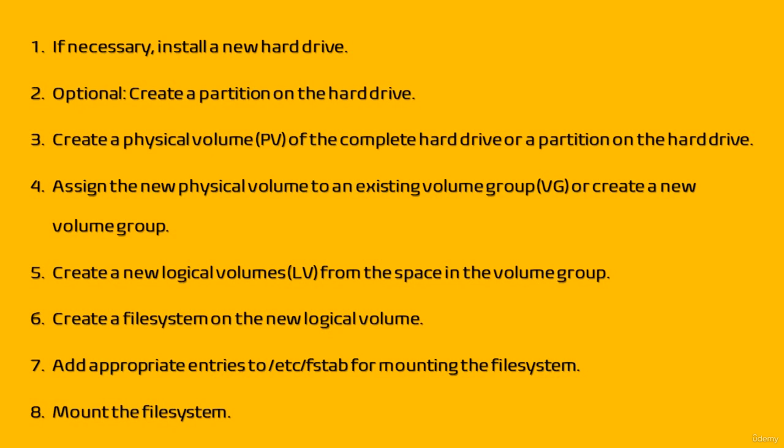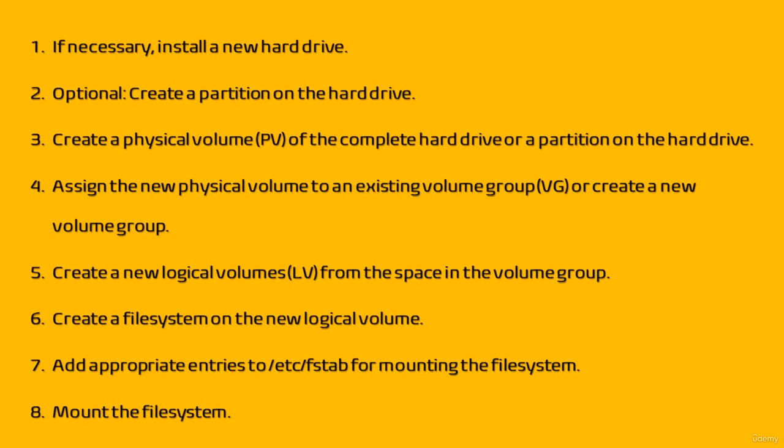There are a few basic steps for adding a new logical volume. Let's check them out. You might have to install a new hard drive, but it is optional to create a partition on that hard drive. You'll then create a physical volume, a PV, of the complete hard drive or a partition on the hard drive.